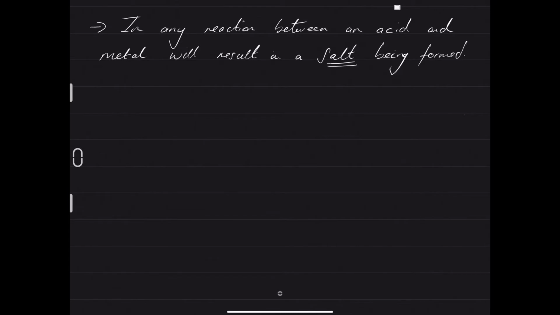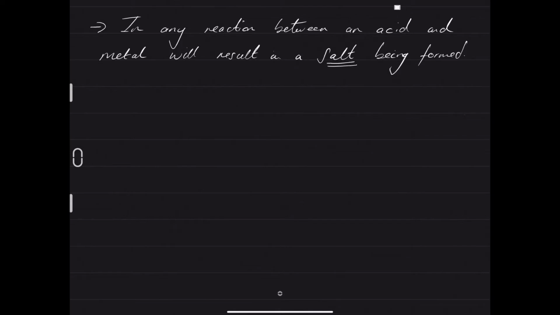Whenever you react an acid, be that hydrochloric acid or sulfuric acid, with a metal that is more reactive than hydrogen, you will get a salt being formed.